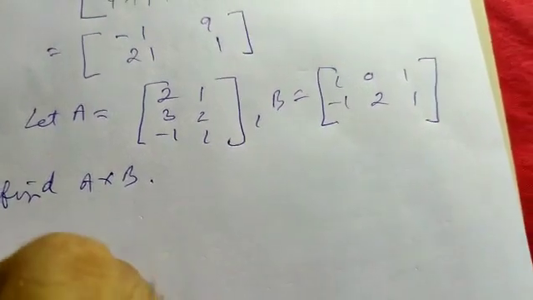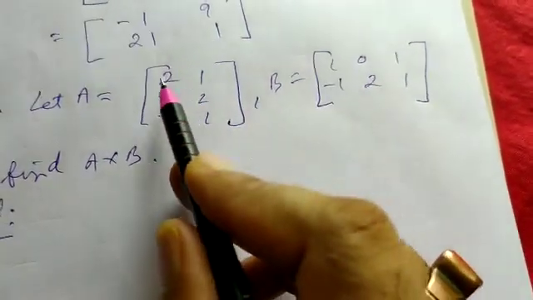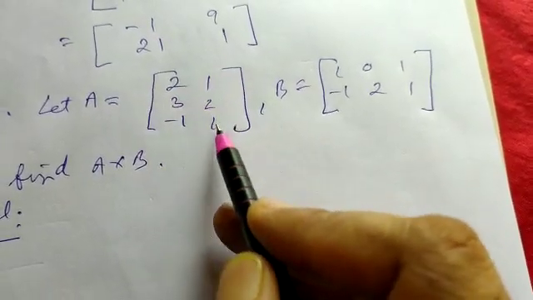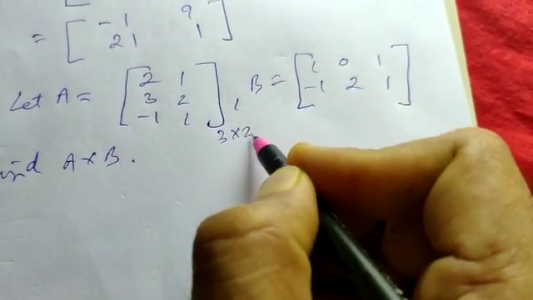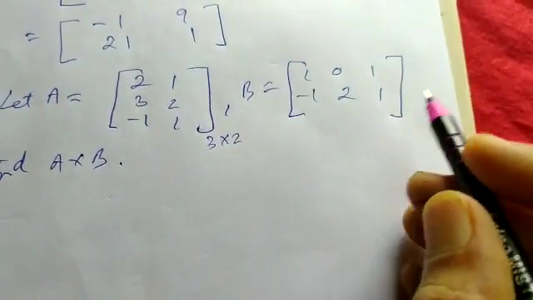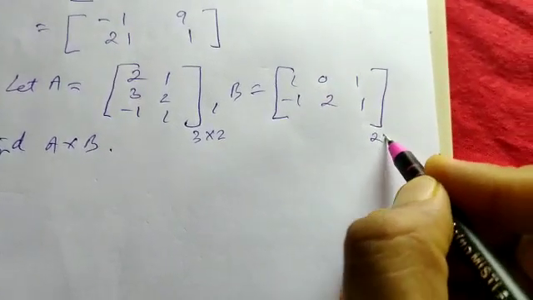So let us see whether we can solve this or not. Solution is possible or not. Here how many rows are there? 3 rows and 2 columns. Order is 3 cross 2. The order of matrix B is, there are 2 rows and 3 columns.